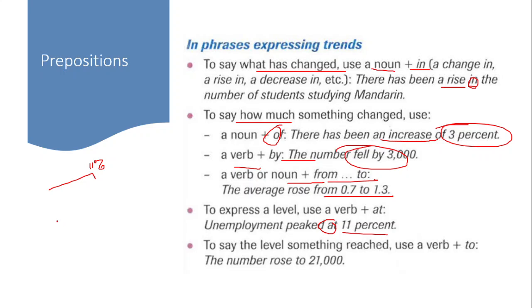But when we say, for example, fell by 3,000, it will look like this. For example, it's from 4,000 and the end number is 1,000. Fell by 3,000.